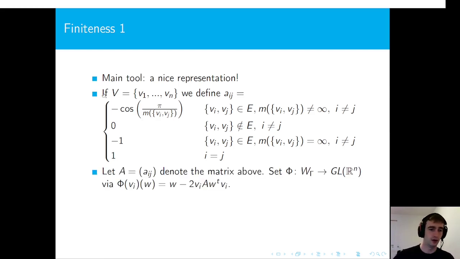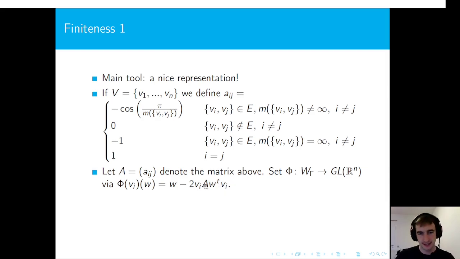Okay, so now we say A is supposed to be this matrix above, and we define big phi from W gamma to GL of R to the n via the following. What is phi of Vi supposed to do with a vector W? It maps W to W minus 2 times Vi A W transpose Vi.